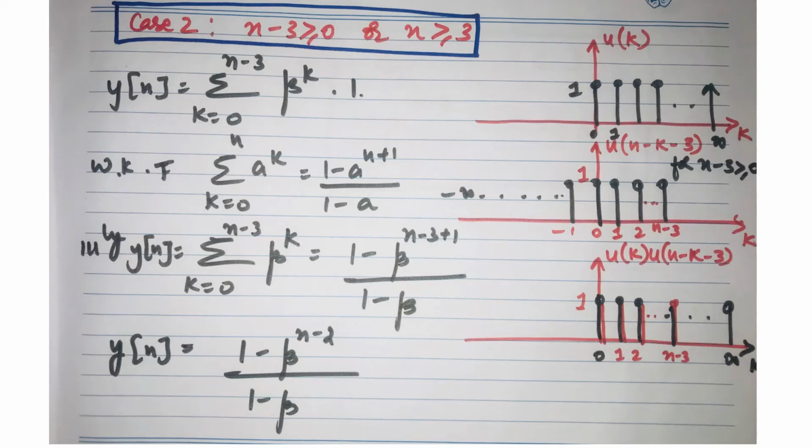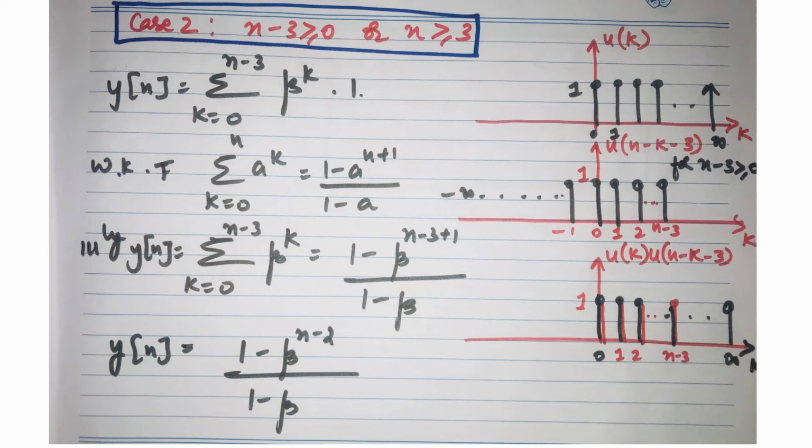Coming to the second case, that is n minus 3 greater than or equal to 0. In that case, you need to move u of n minus k minus 3 towards right by n minus 3. That is, n minus 3 should be greater than or equal to 0, so it should lie between 0 to infinity anywhere.